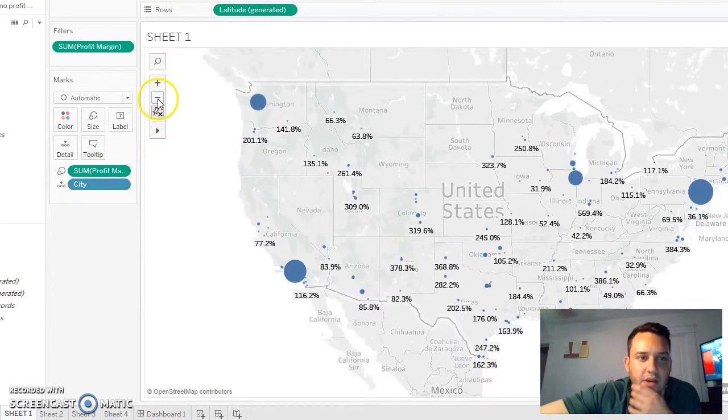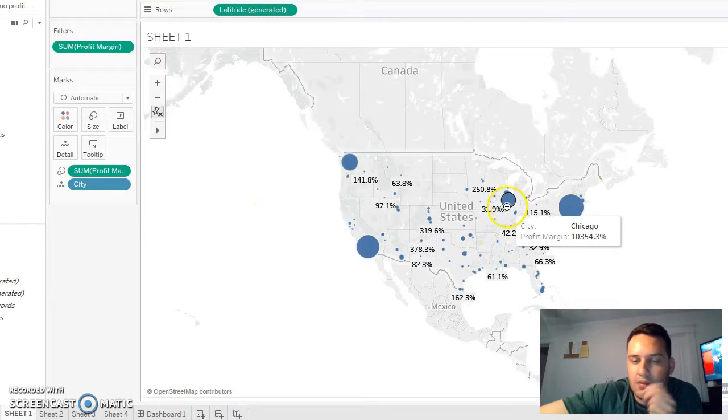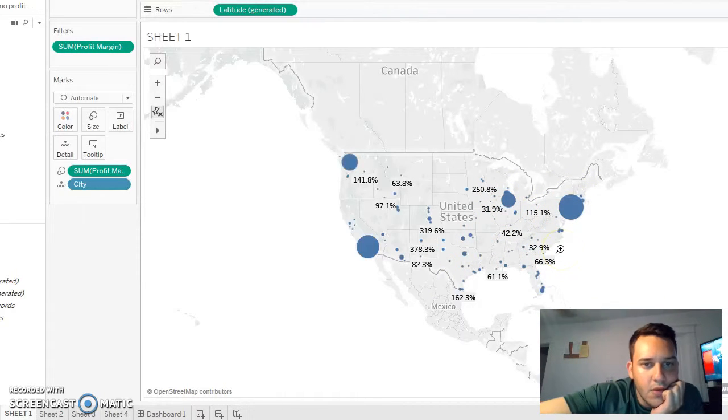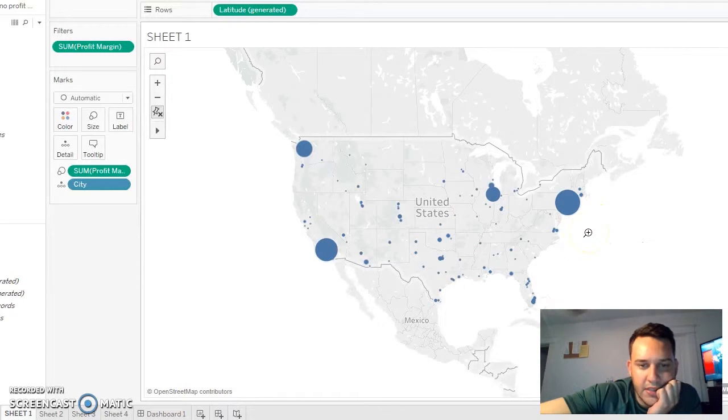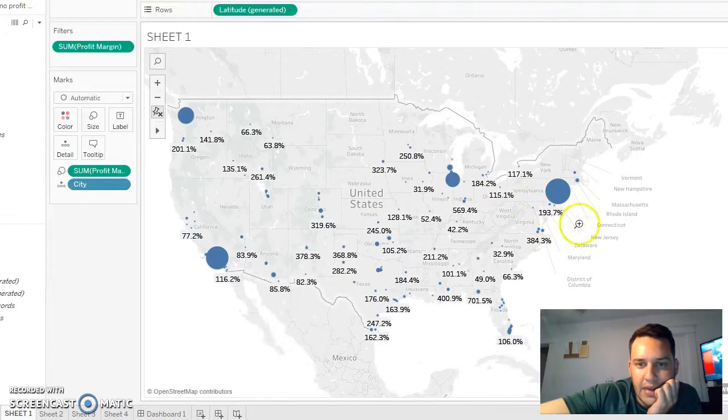Anyway, this is a relationship between profit and cities. You can see that the higher the profit, the larger the radius of this little bubble.